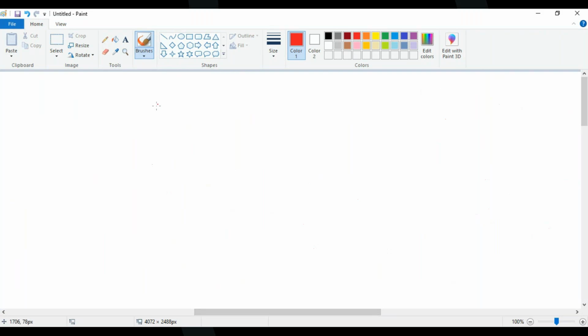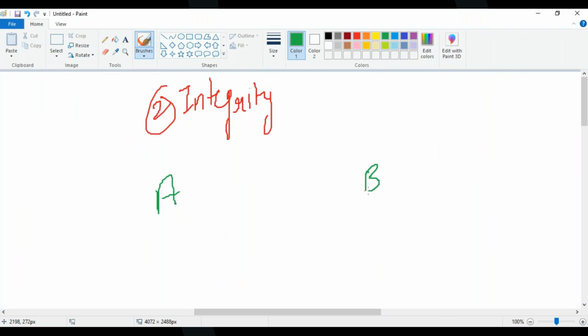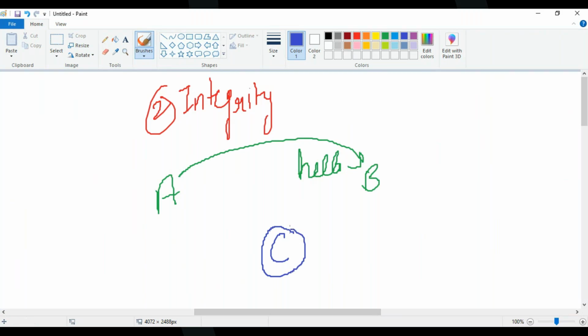And now what is integrity, guys? Integrity is something, suppose again A is sending some data to B, and that is hello again, right? But suppose in between there is an attacker and he changed this hello to bye, right?